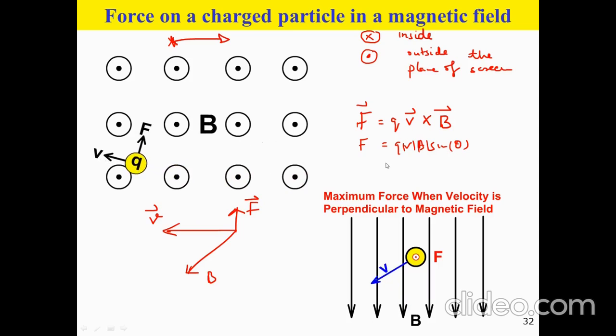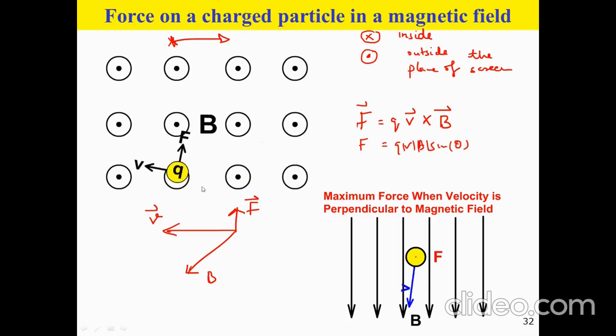Okay, so as you can see in this case, because of the application of the magnetic field and the motion of the charge along a direction which is perpendicular to the B field, the resultant force that develops is towards the top of this screen.